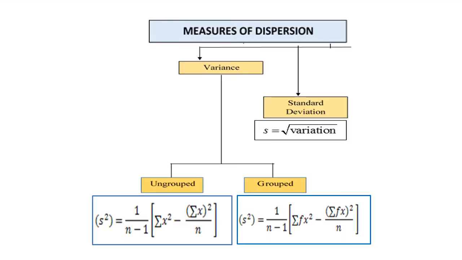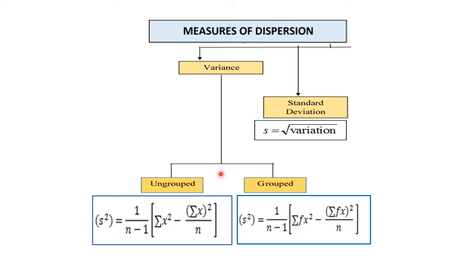Right, so these are the two quantities that we will discuss in this video. The first one is the variance, and the other one is the standard deviation. For variance, I think you may already have learned the basics of what variance is in your secondary school.